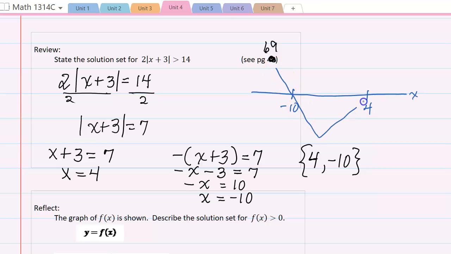To answer the inequality question, we are looking for values of x in which the graph is greater than 0. From our original inequality, we can subtract 14 from both sides and we get 2 times the absolute value of x plus 3 minus 14 is greater than 0. So we want to know when the graph is above the number line.